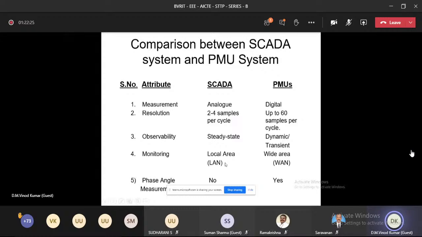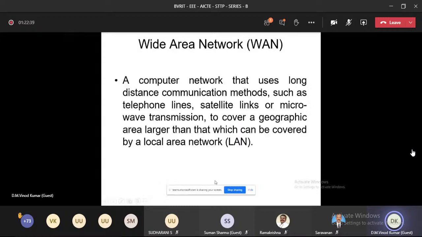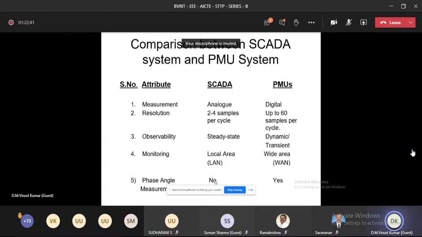The most important feature is phase angle measurement. As I mentioned in the beginning, SCADA does not measure angle, because it can measure but it is costly, so most of the time people measure only magnitudes. But the PMU's inherent characteristic is voltage magnitude and phase angle, current magnitude and phase angle, with respect to a time reference.